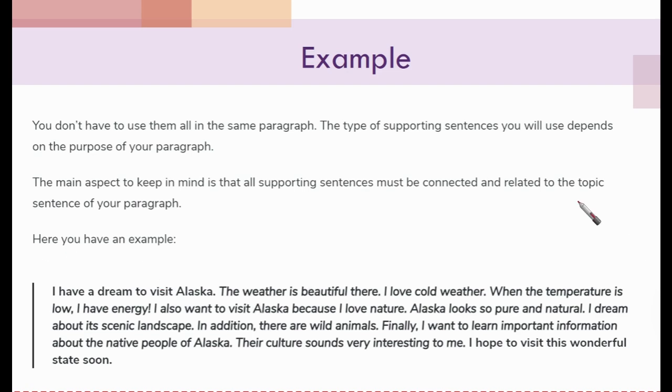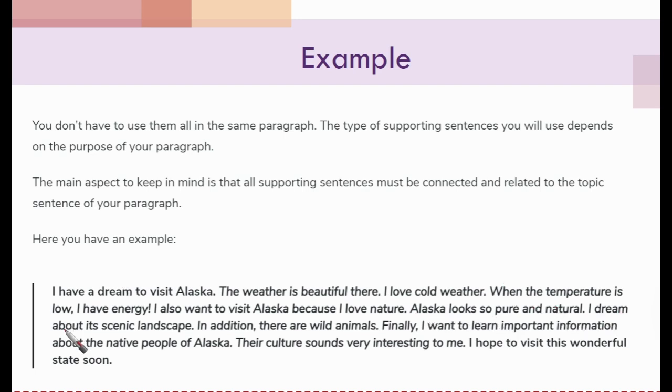Ready? Go. I have a dream to visit Alaska. The weather is beautiful there. I love cold weather. When the temperature is low, I have energy. I also want to visit Alaska because I love nature. Alaska looks so pure and natural.